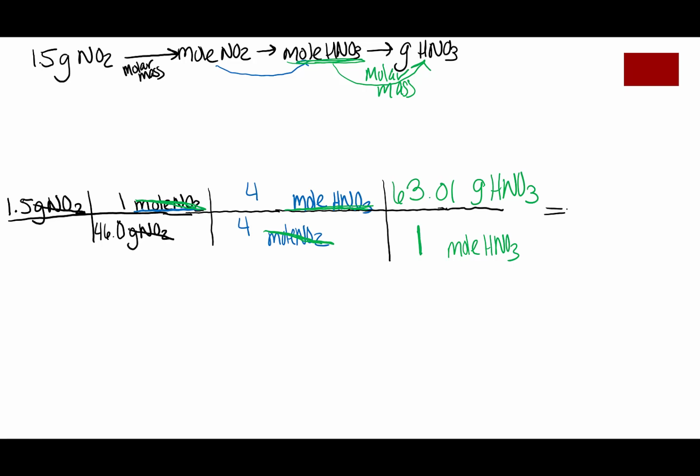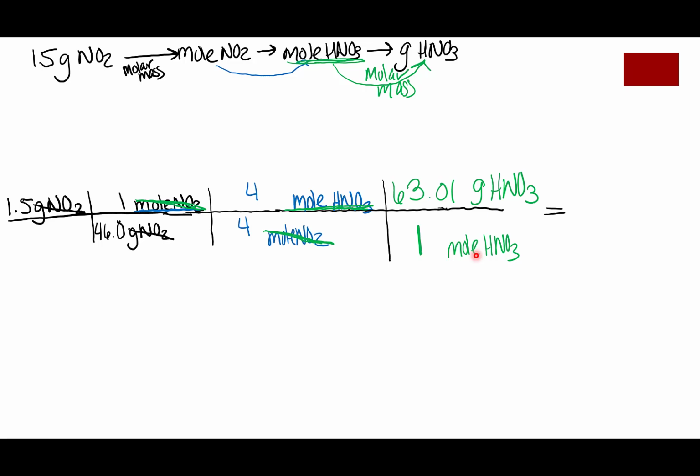Now that I have all of my numbers in place, you could solve this in any number of ways. You could multiply all of the numbers on top and then divide by any of the numbers on the bottom. You could bounce back and forth, so 1.5 divided by 46 times 4 divided by 4 times 63 divided by 1. Really anything that fits in that PEMDAS algebraic category, you can solve it that way.